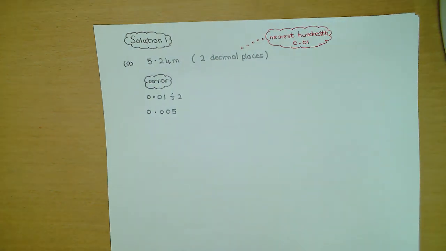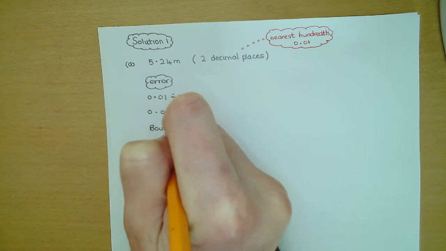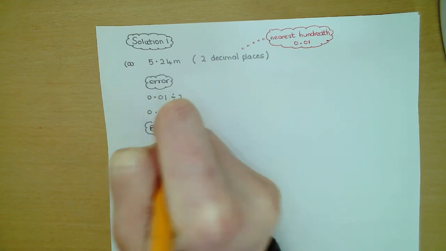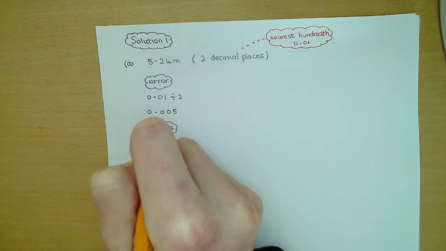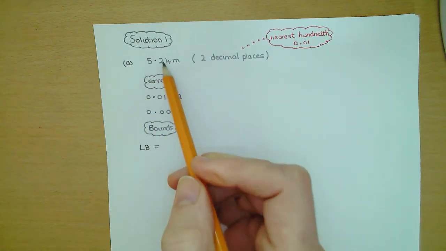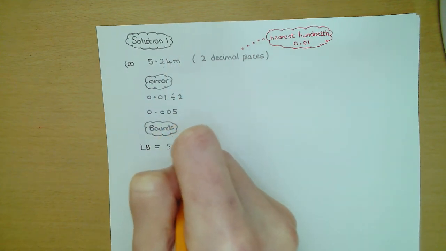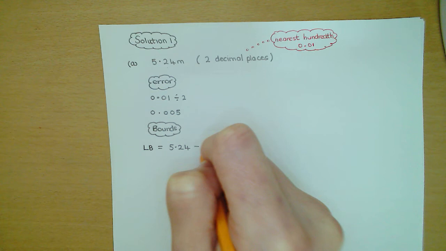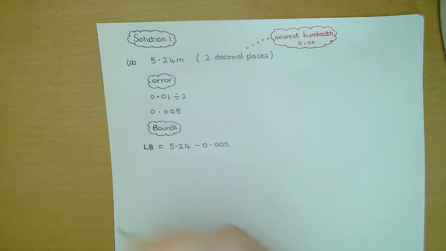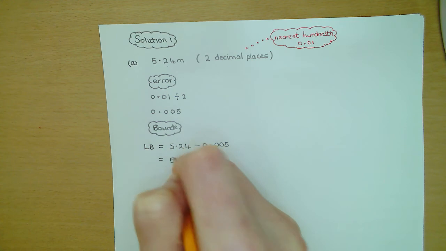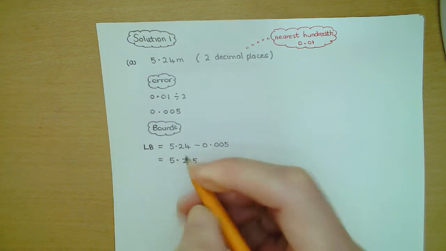We're now going to get our bounds. So we'll start with the lower bound, LB. So the lower bound, remember, is the rounded value, subtract the error. So that's going to give us 5.235, and that's going to be meters.